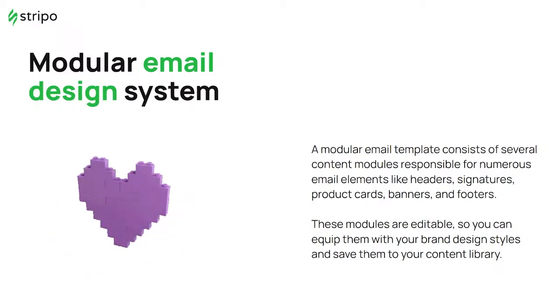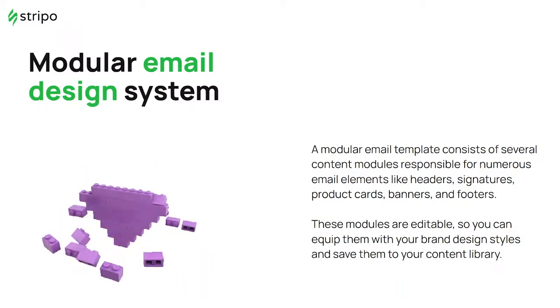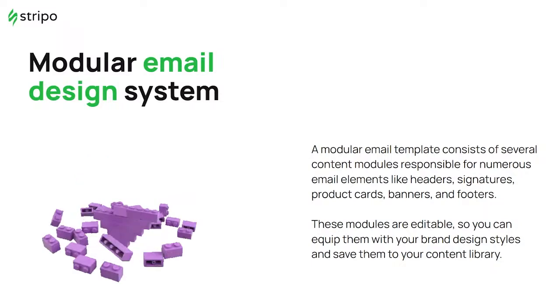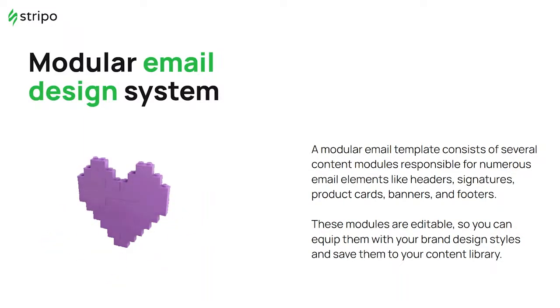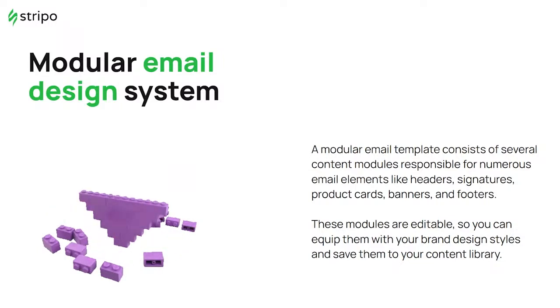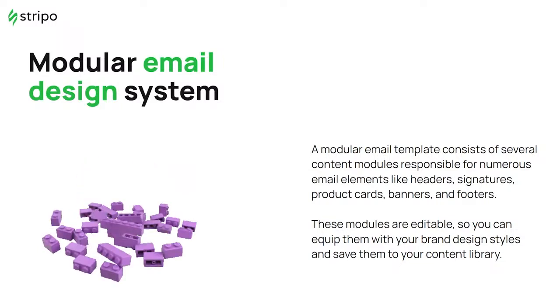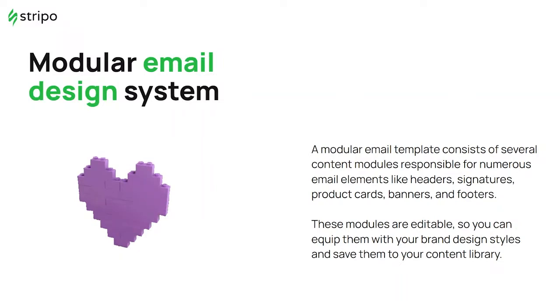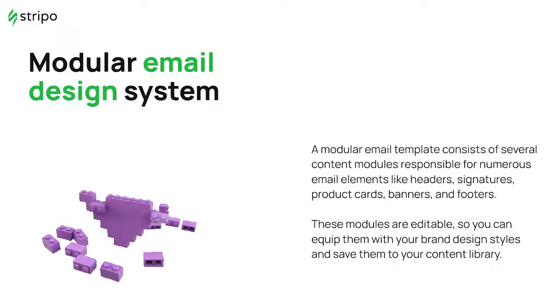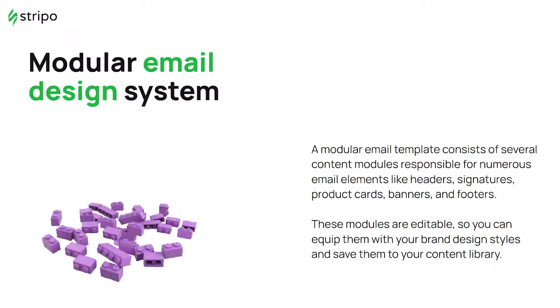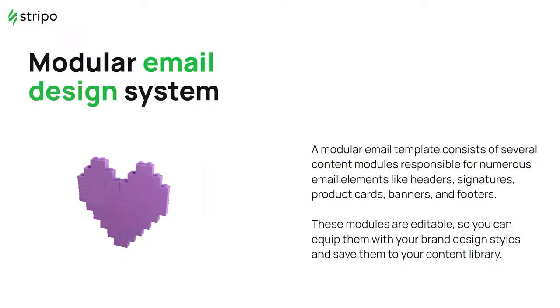You can use these editable models in numerous email marketing campaigns and combine them as you see fit. You can also develop a series of modules for a variety of purposes such as newsletters, promotional and transactional emails, and surveys. Then you can mix and match the models you need to create the perfect template for your email campaign.